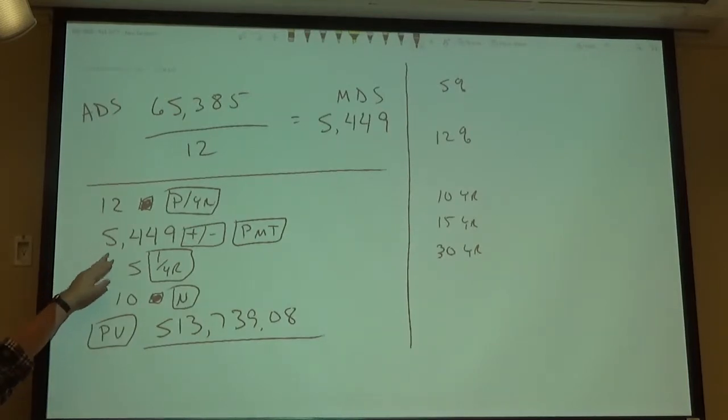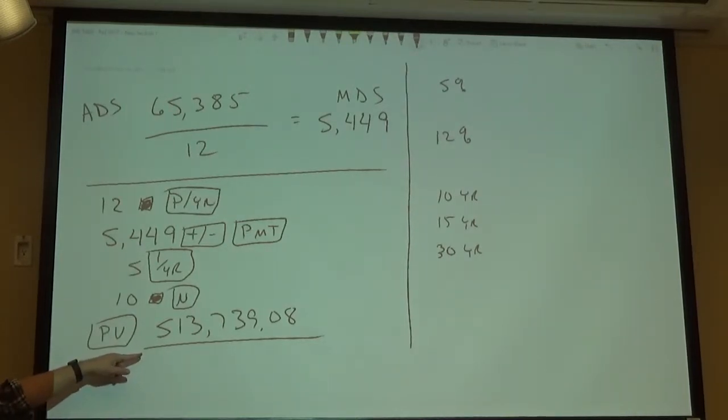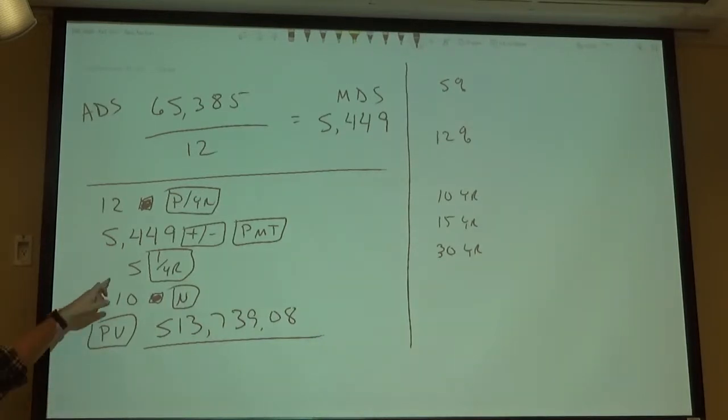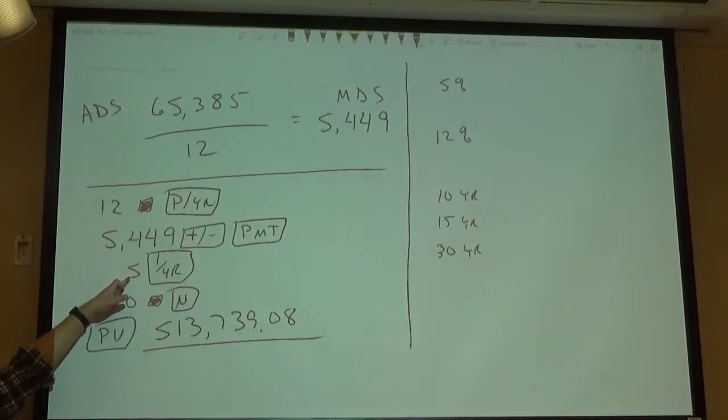If our payment stays constant and we start raising the interest rate, that is going to do what to our loan amount? All things held constant. It's going to cause it to go down. In other words, we're going to be able to borrow less money as our interest rate goes up. Okay?